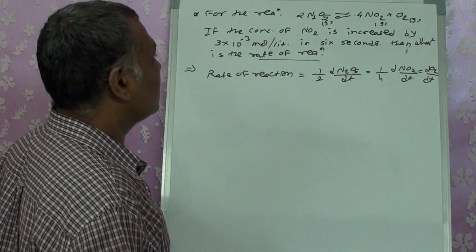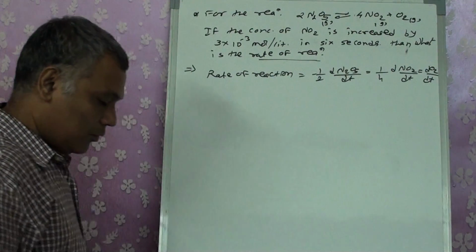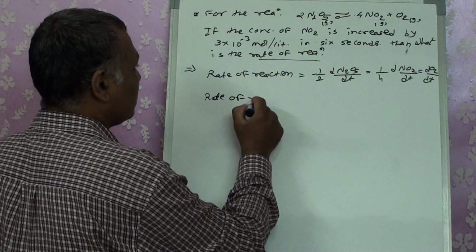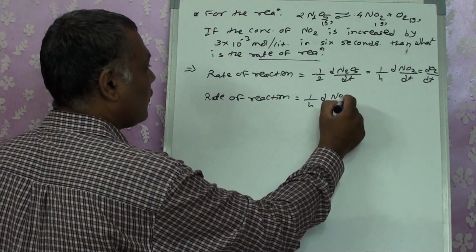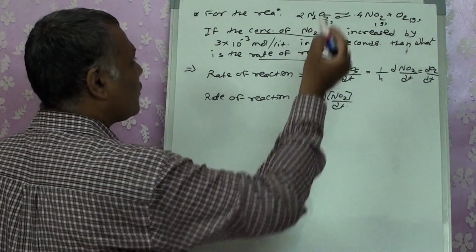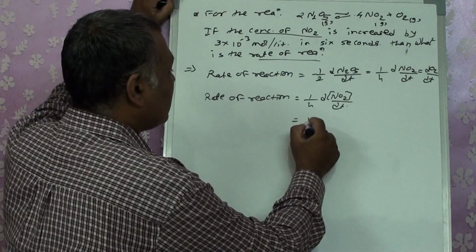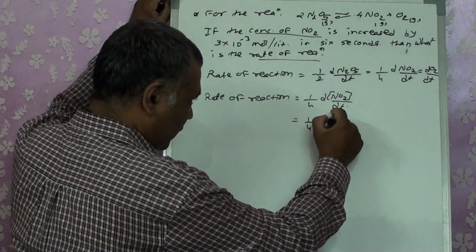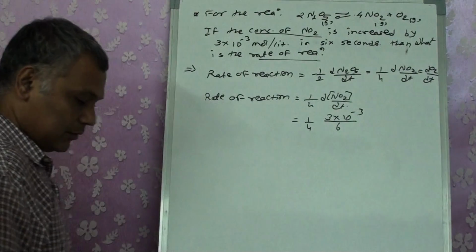Now it's told to us the time taken for increasing the concentration. So what we are going to get is the rate of reaction as 1 by 4 d of NO2 by dt. The reason is it's given to us with respect to NO2, right? And it's given that the concentration is increased by 3 into 10 raised to minus 3 within 6 seconds, right?